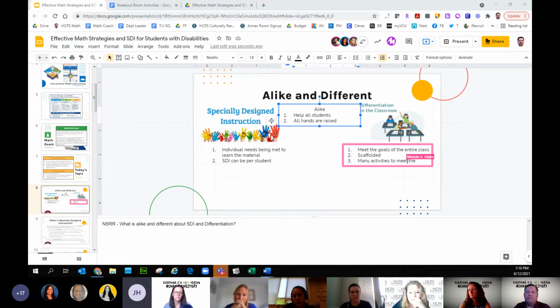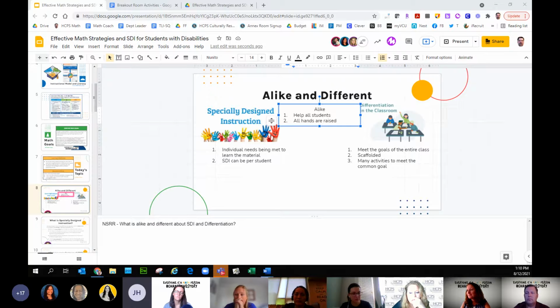Well, in differentiation, I'm just thinking that not every child starts at the exact same place. So scaffolding these activities, having many different types of activities, whether it be hands-on, or other types.